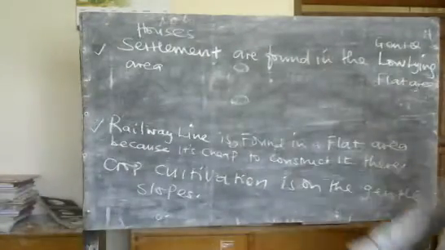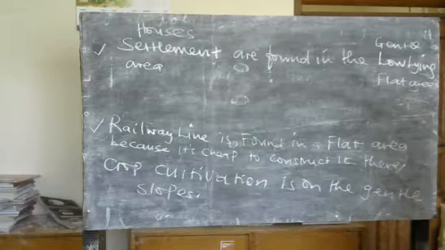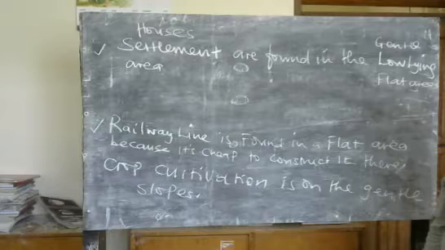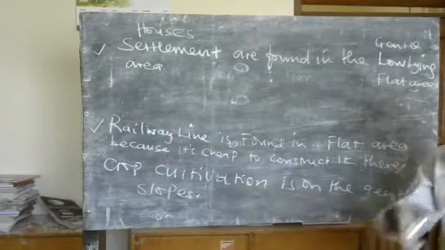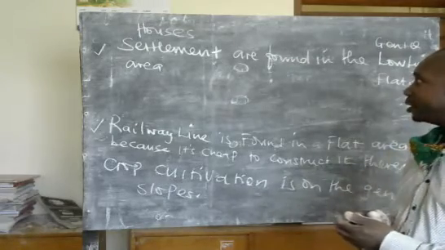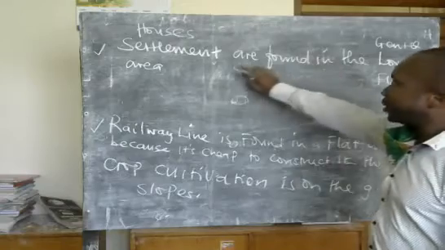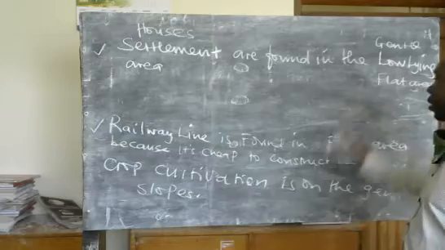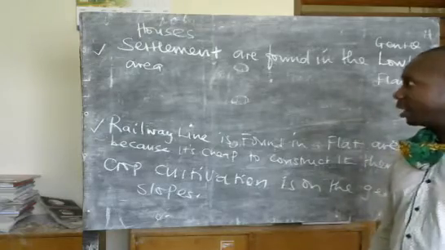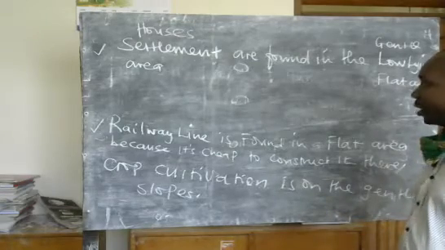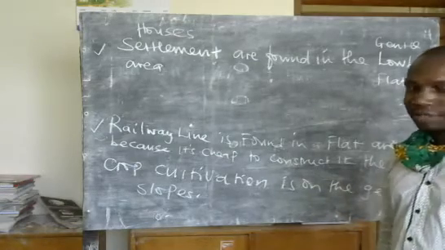Now we have given how human features are being influenced by the natural environment. We are connecting the physical to the human features. For example, how has settlement been influenced by the physical environment? Settlements are formed in the flatland areas, because it is easy to put up houses there.